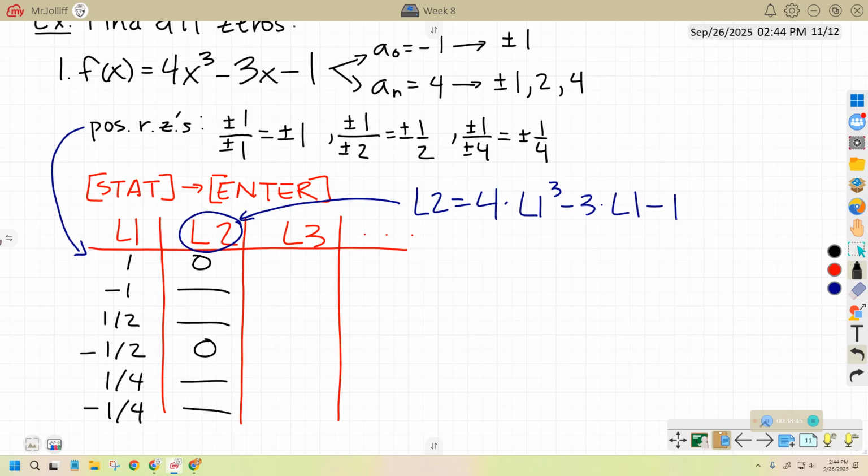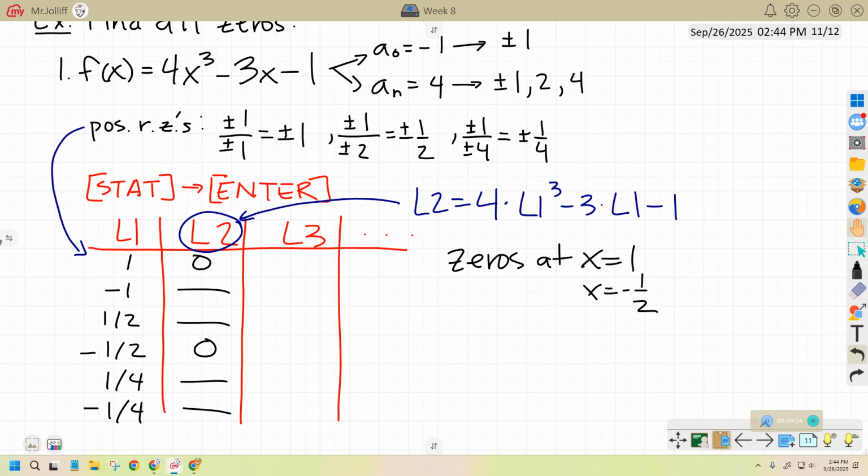I have 1 and negative 1/2. I'm going to divide out the 1, because that's my next step. I found 2 zeros, at x equals 1 and x equals negative 1/2.